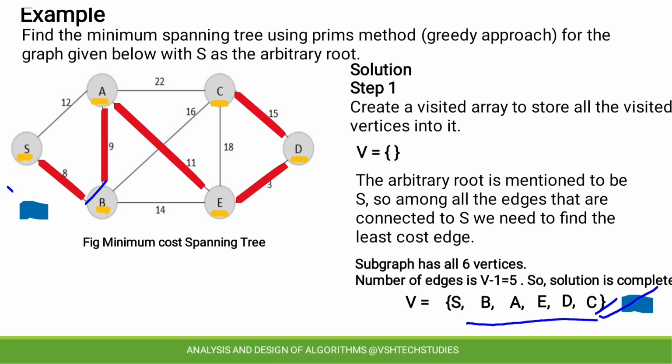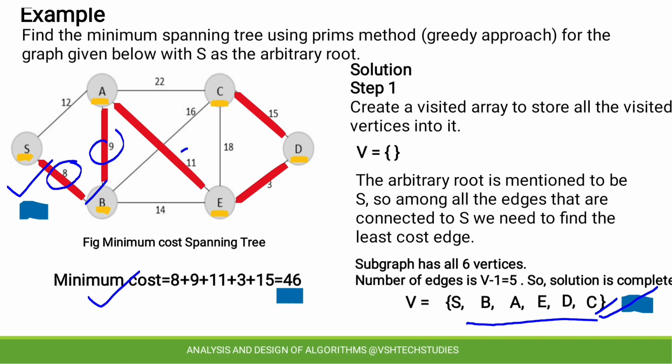That is the minimum cost spanning tree found from Prim's algorithm. The minimum cost is the sum of all these weights: 8 plus 9, 9 plus 11, 11 plus 3, 3 plus 15. That comes out to be 46.